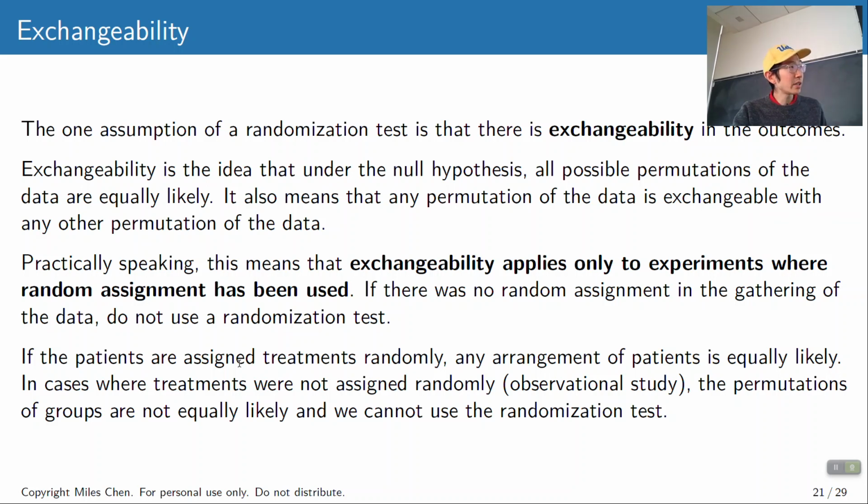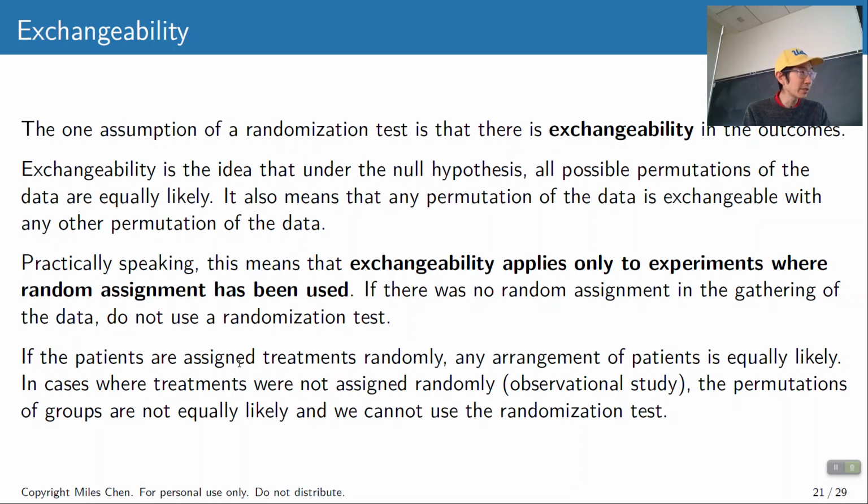Now, one thing is that the randomization test relies on this assumption of exchangeability, okay? Exchangeability is the idea that when the null hypothesis is true, all possible permutations of the data are equally likely, okay? And if that's the case, then any permutation of the data is exchangeable with any other permutation of the data.